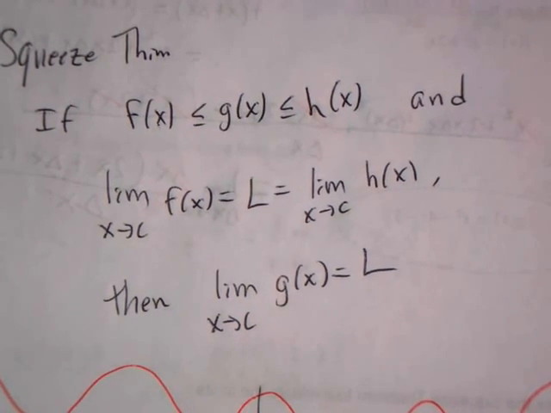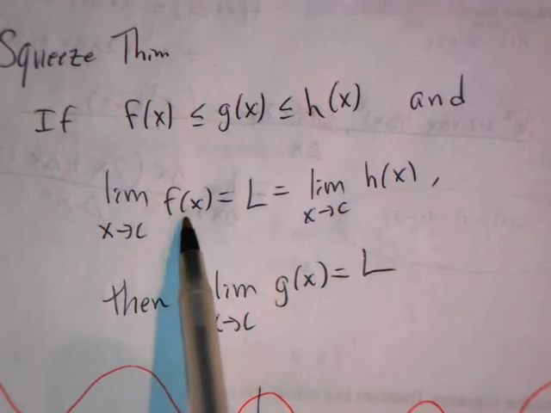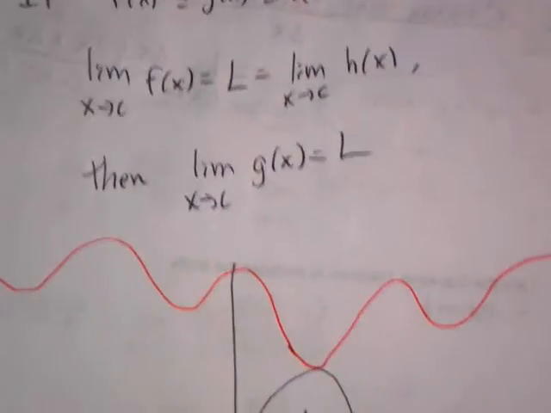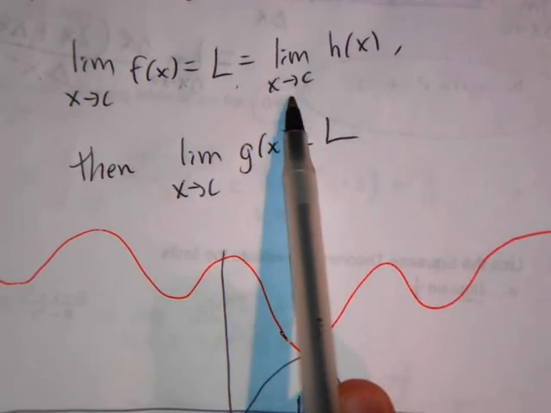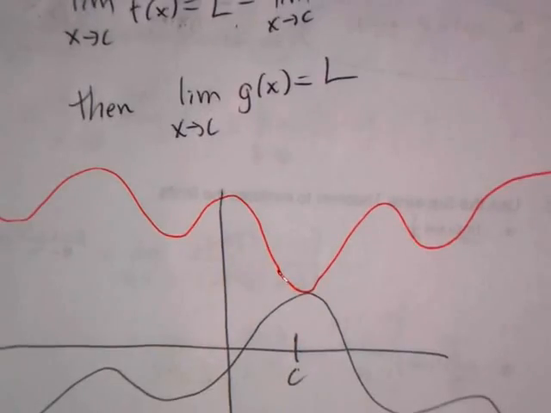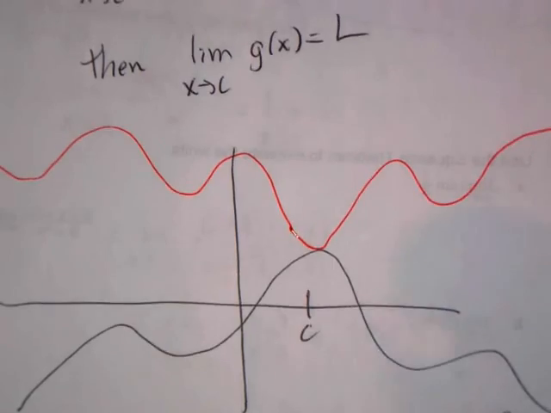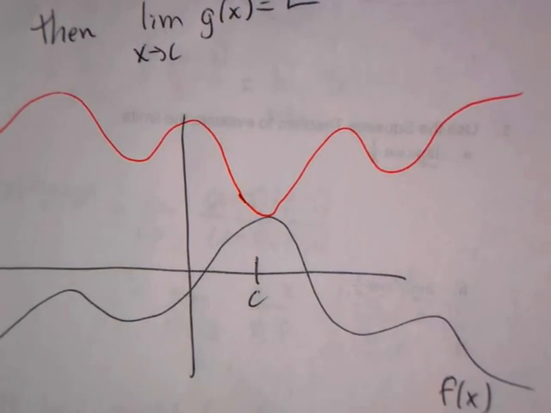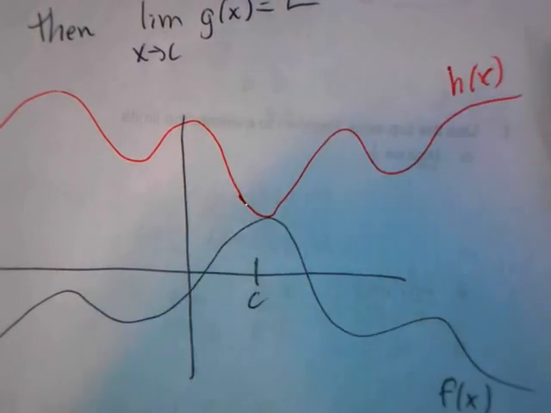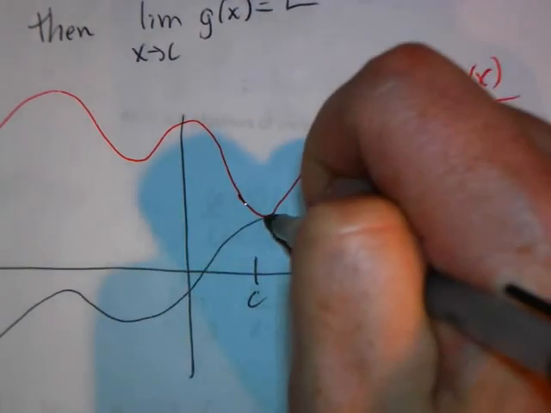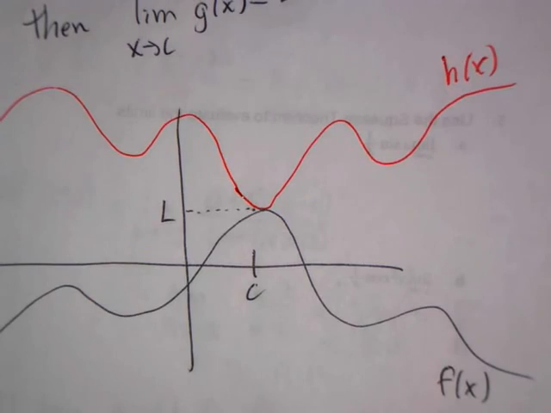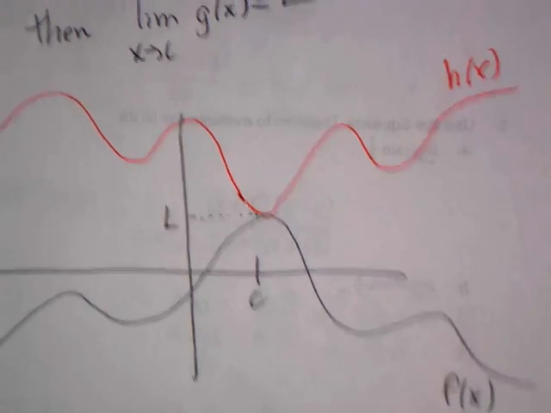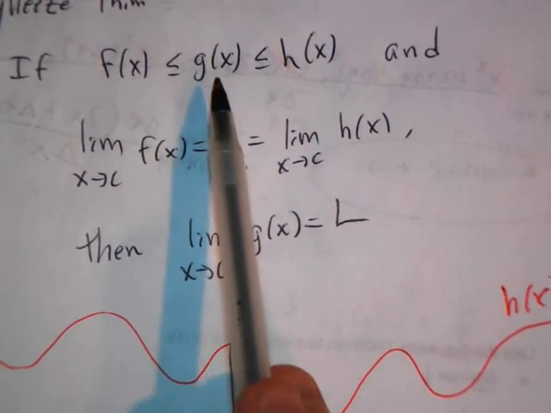And we know that the limit as x approaches c of f of x is L, and the limit as x approaches c of h of x is L. So, I got my f of x function down here, I got my h of x function up here, and they're coming right together at c to have a limit of L. Well, the theorem says g's stuck in the middle.